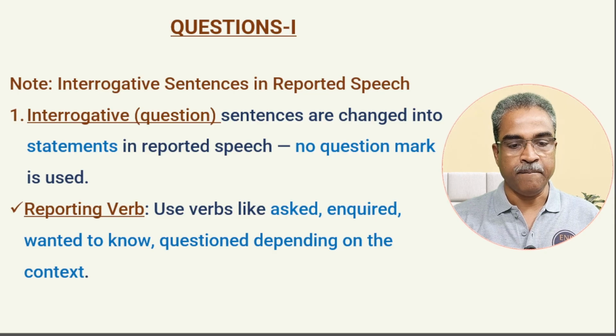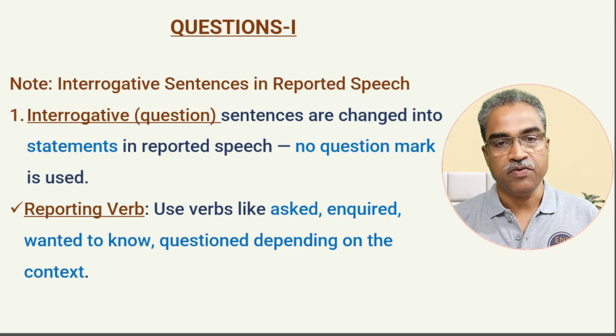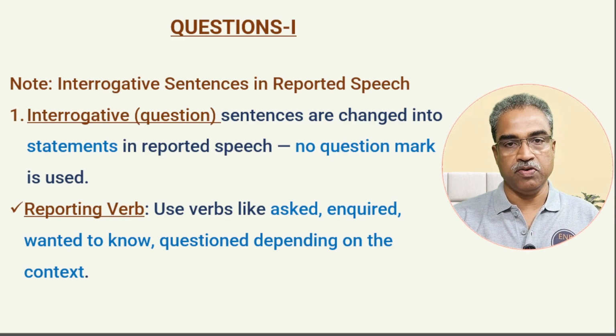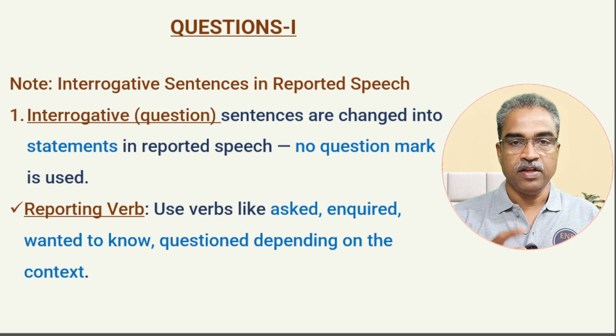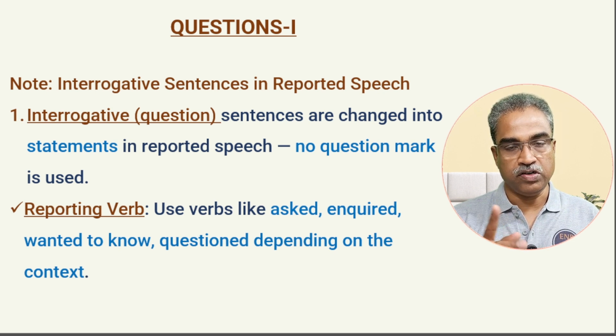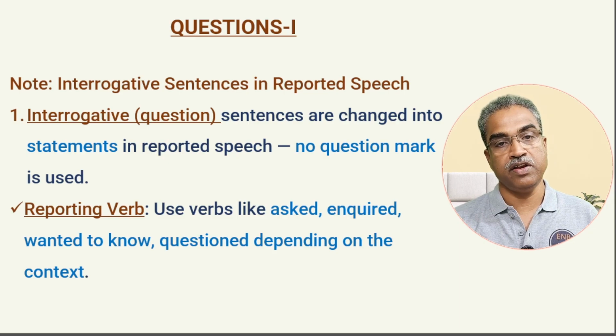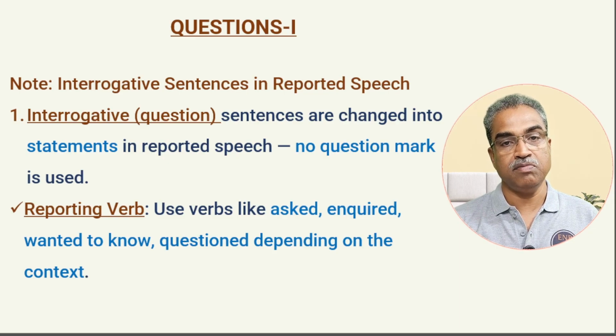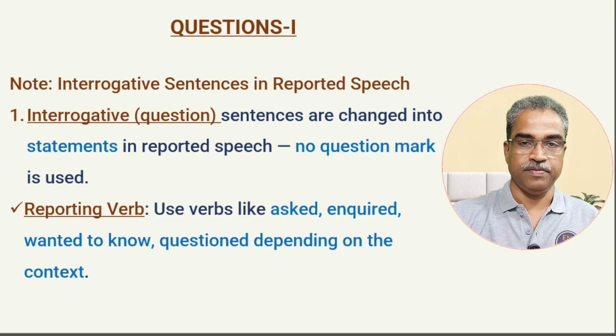That's the first one. The second thing that we need to remember when we change questions into reported speech is the reporting verb said. We need to change that into an appropriate word like asked, inquired, wanted to know, questioned, depending on the context, depending on the intended meaning of the speaker. These two things.